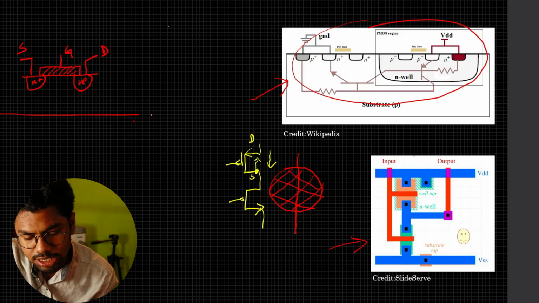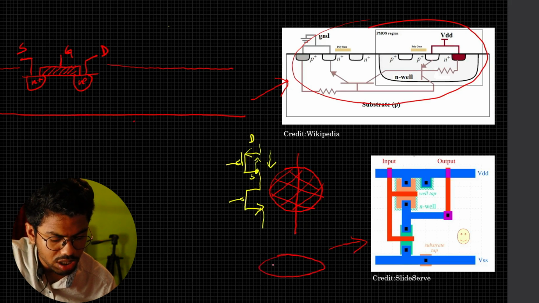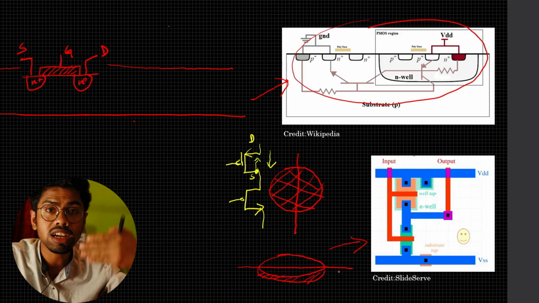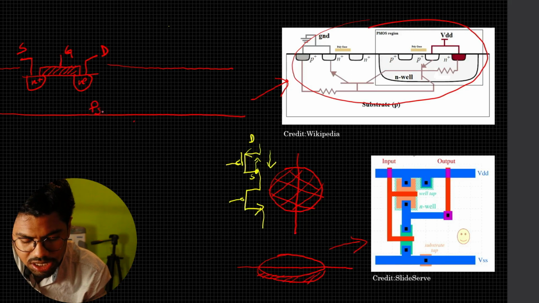So this is my substrate here, and I am seeing just the cross section view. This substrate will have some width here, right? So we are cutting it here directly, and we are seeing the cross section view. This is your cross section view, and this is your P substrate.